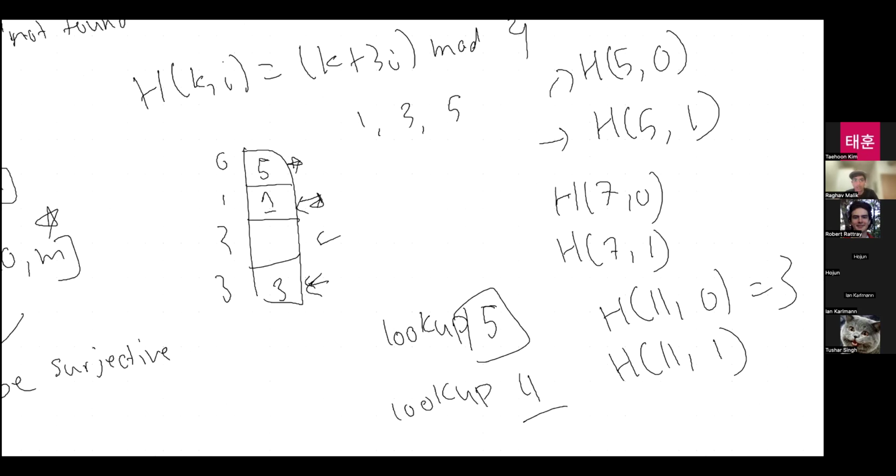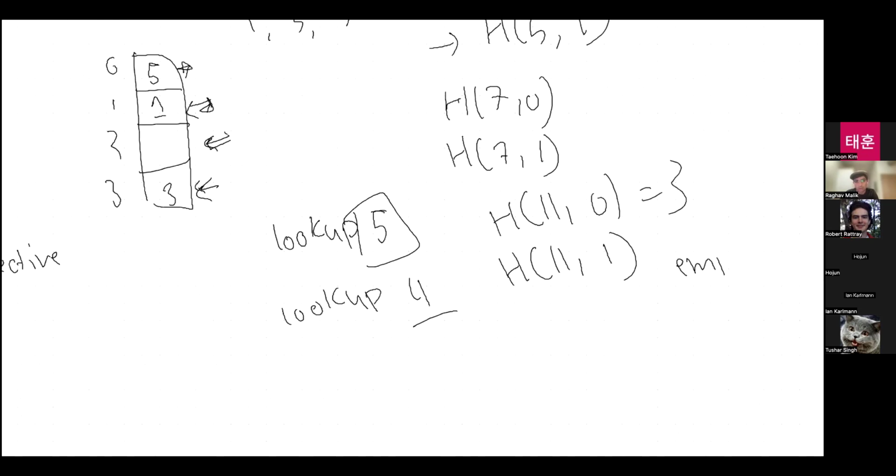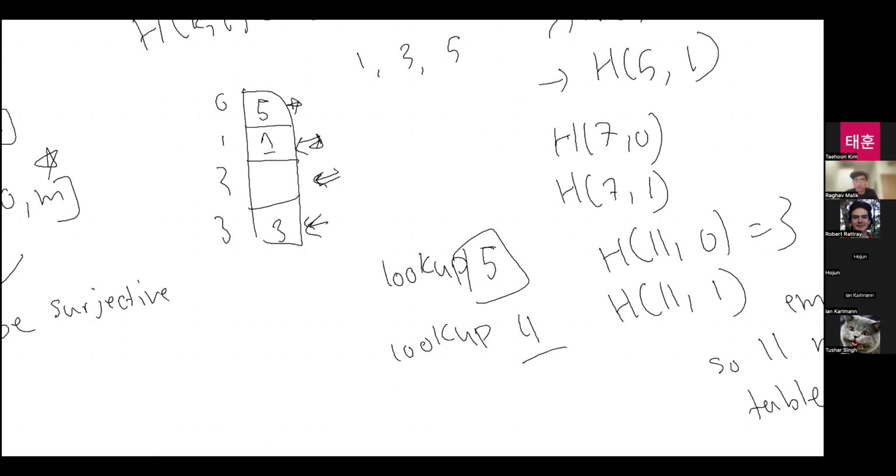I go to here and I see that 2 is empty. And so I know that 11 is not in the table, right? Because if it were, then I would have put something into the slot already. If it were in a different slot, that would be only because something has already showed up here, right?